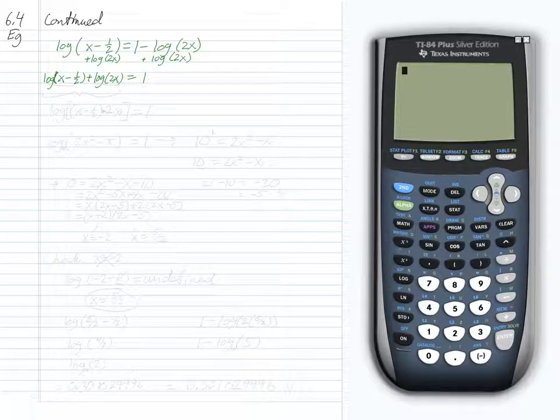Now I can use properties of logarithms to combine my left-hand side into a single log. Remember, if I have a sum of logarithms with the same base, in this case our base is 10, so we're good, I can combine these into a single logarithm where I multiply the arguments of each logarithm.